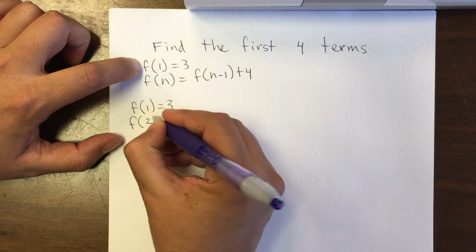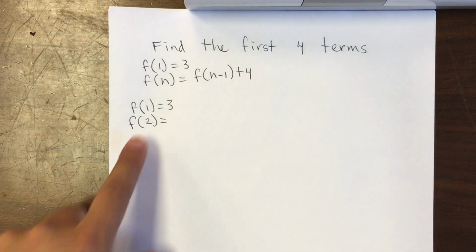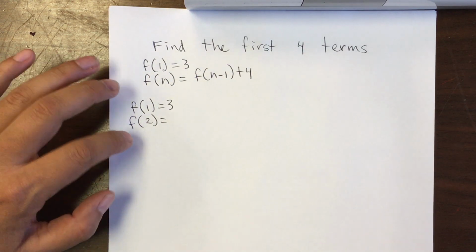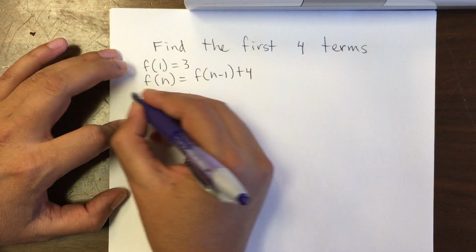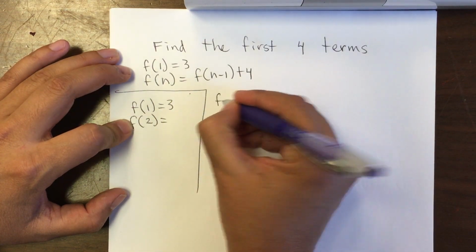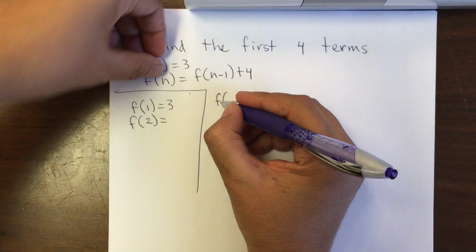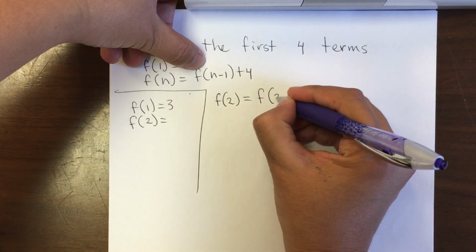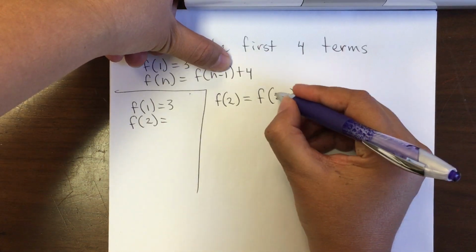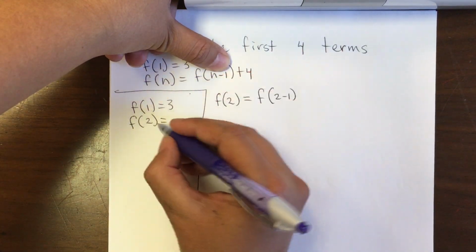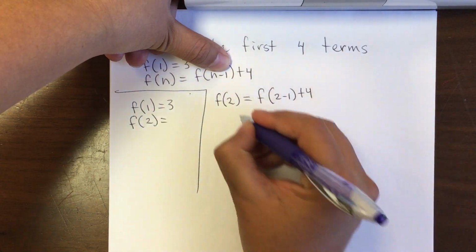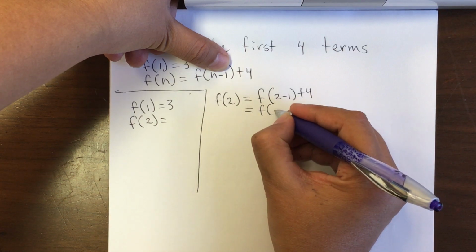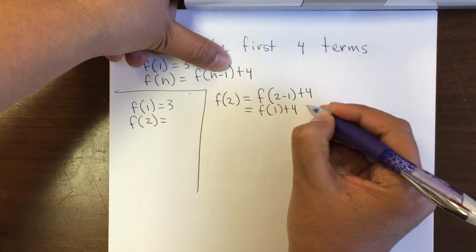How do I find f of 2? Well, I'm going to replace it in here just like we did in previous, or even for the warm-up. I'm going to do my listing here. So instead of f of n, it's going to be f of 2 equals f of 2 minus 1, right? We are replacing the n with a 2, plus 4. This is f of 2 minus 1, which is 1, plus 4.